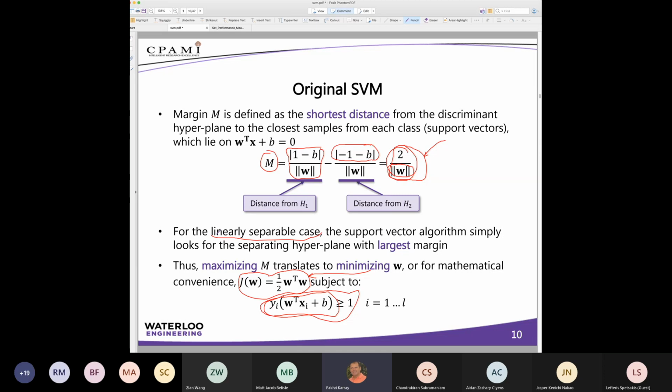So let me look at questions from your colleagues here. If we have a new C1 entity inside the margin, would this be a new support vector for H2? Would this alter the distance for H2? Good question. So this margin is mostly used to have a very, very big band as much as possible.